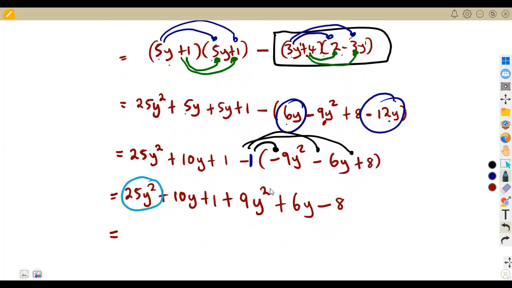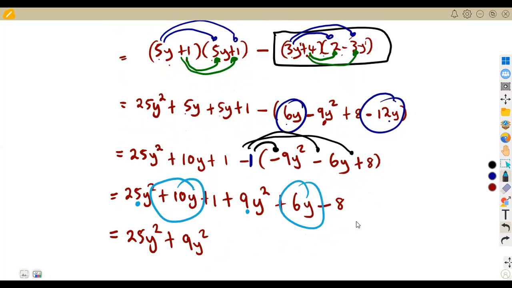We've got y squared here, and also y squared here, so we're going to add 25y squared plus 9y squared. We also have like terms 10y here and positive 6y, so that's plus 10y plus 6y.